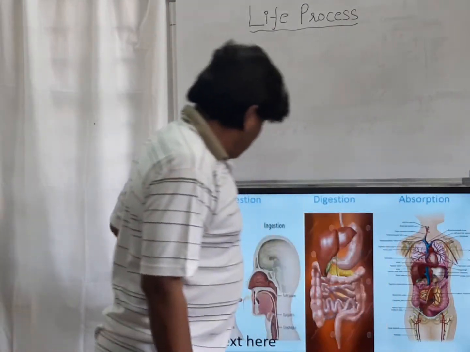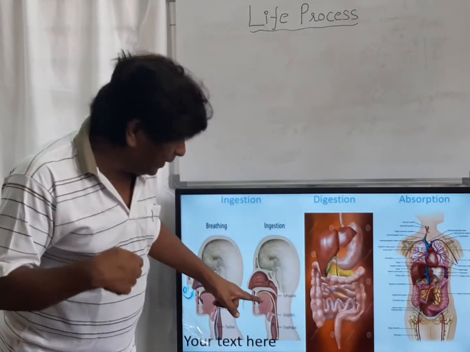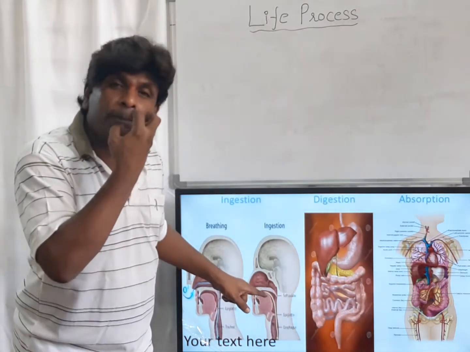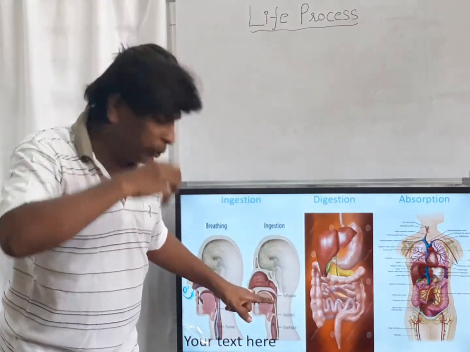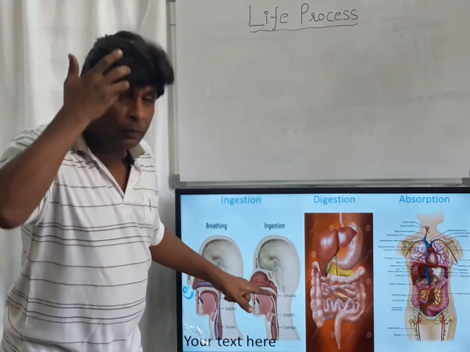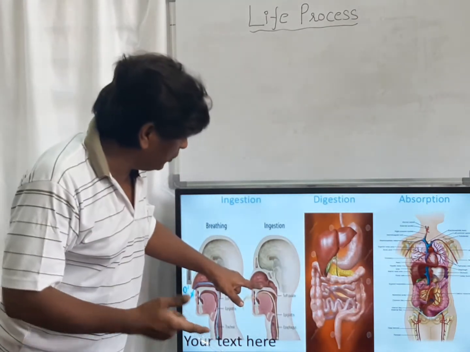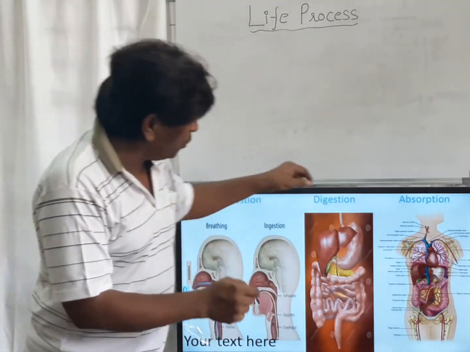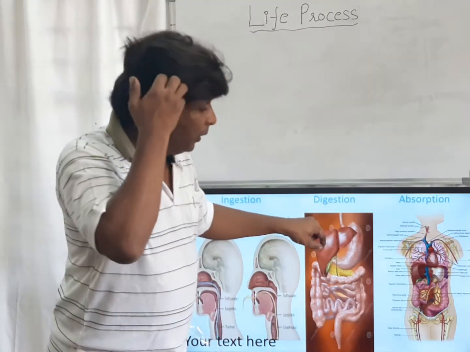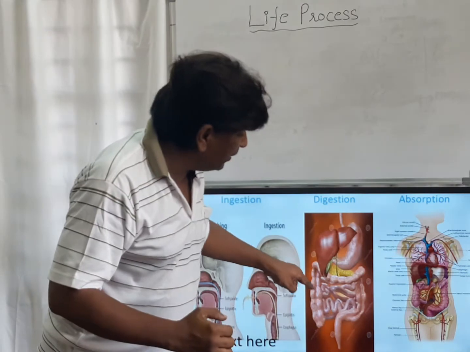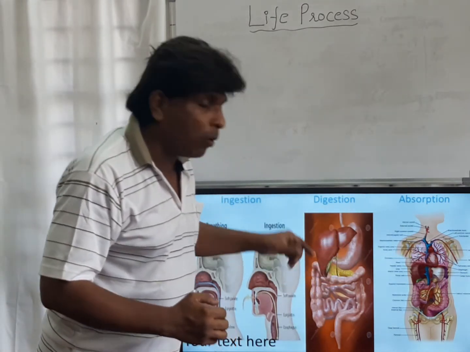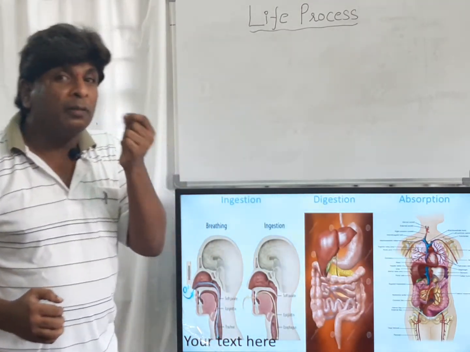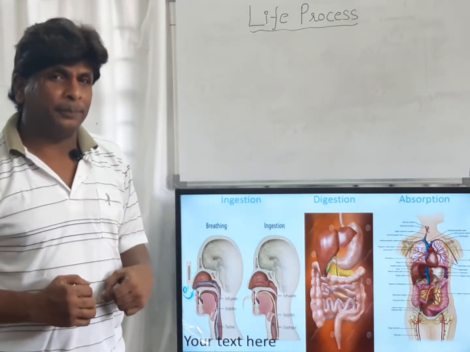See here, friends, when we are taking the outside food in the mouth, it is ingestion. When the ingestion is done, the digestion starts. Here we are chewing, and those pieces go into the intestine. Here it will be digested by all these organs which are there in our abdominal portion.